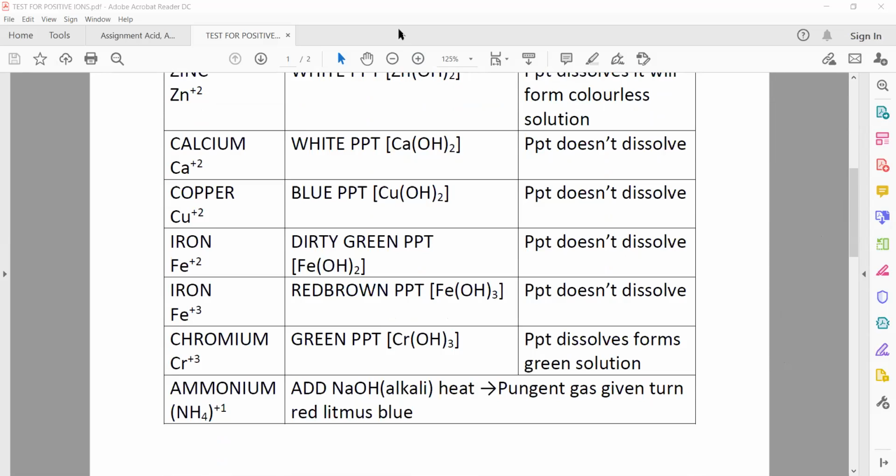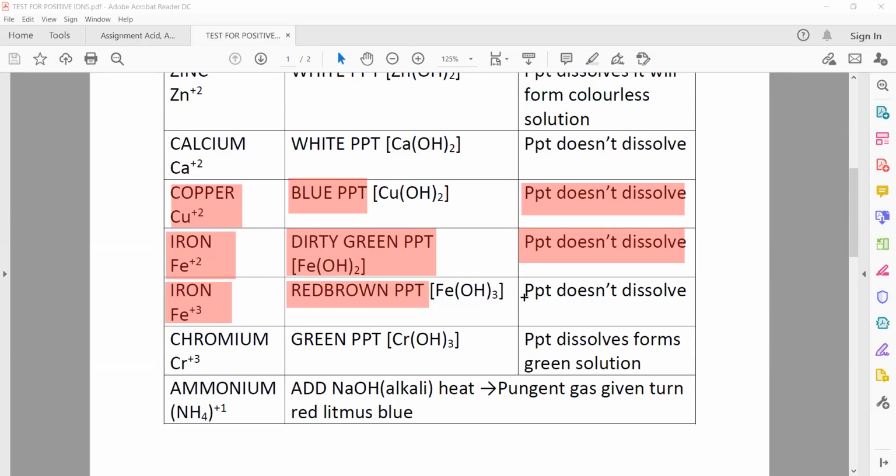Same way, if copper 2 is there, when we add 5 drops, we observe a blue precipitate, and when we add an excess, the precipitate does not dissolve, it remains insoluble. If iron 2 is there, it will form a dirty green precipitate, and in excess, the precipitate does not dissolve. If iron 3 is there, it gives a red-brown precipitate, and the precipitate does not dissolve.